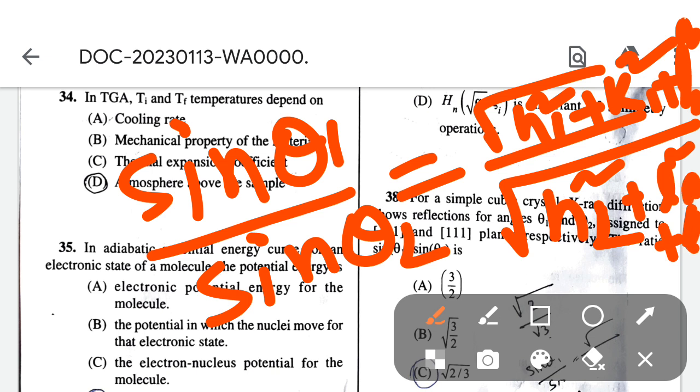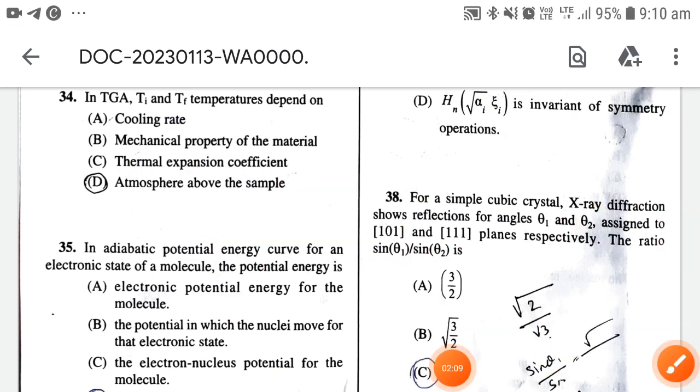Okay. In this formula I have put h1 k1 and l1 and h2 l2 and k2, and I will get the answer option C.